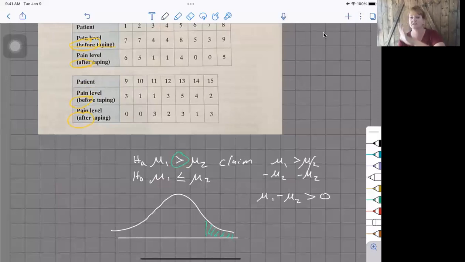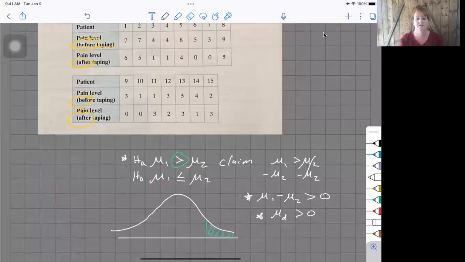You can just always take that mu2, move it to the left, and make it minus, and it's always going to be 0 on the right. So if you need to just kind of remember that system, you can do that. A lot of times we call this the difference of the means, mu sub d. You do not have to use that notation, but that is sometimes used. So all of these, this one, and my original claim are all the same, different formats for doing that.